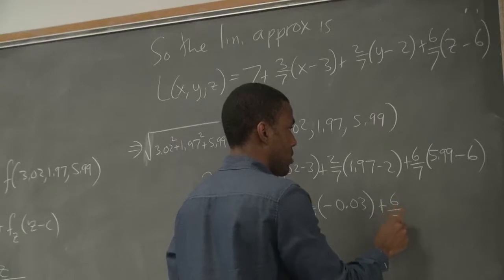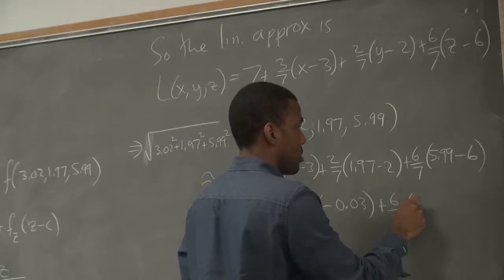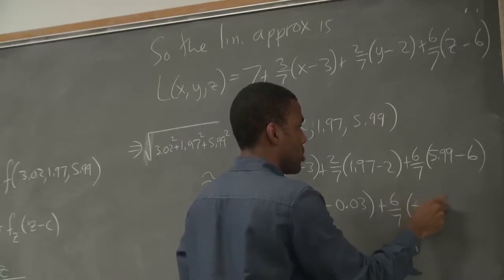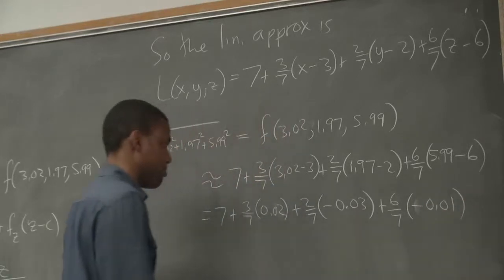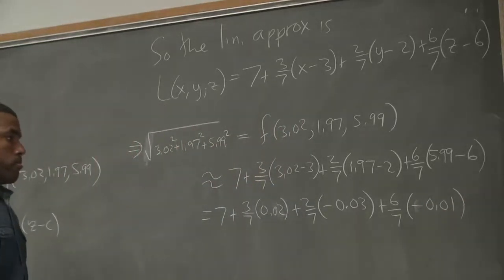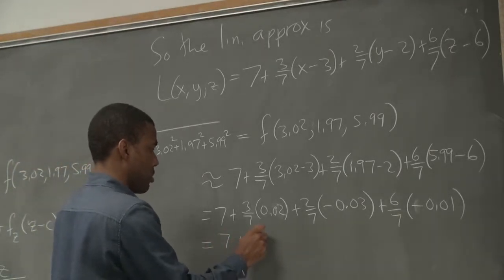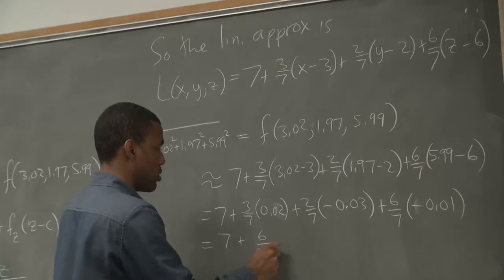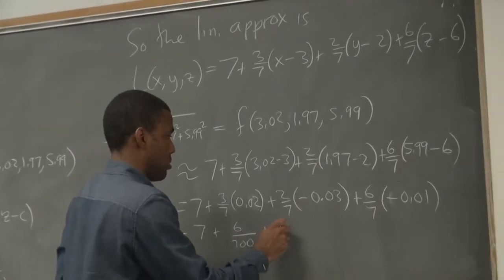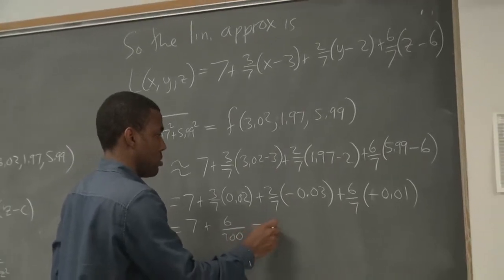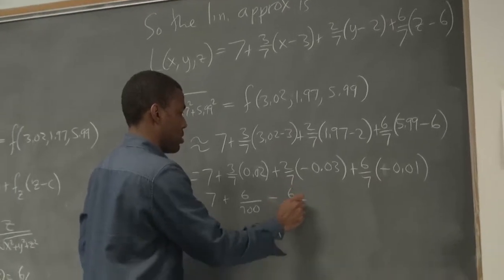That's 6 over 7 times minus 1. Okay, so that's 7 plus 6 over 700 plus minus 6 over 700.